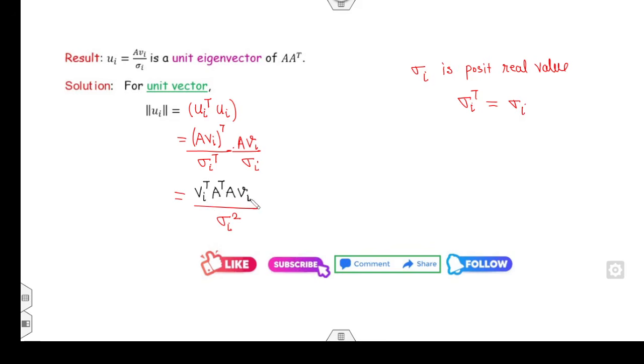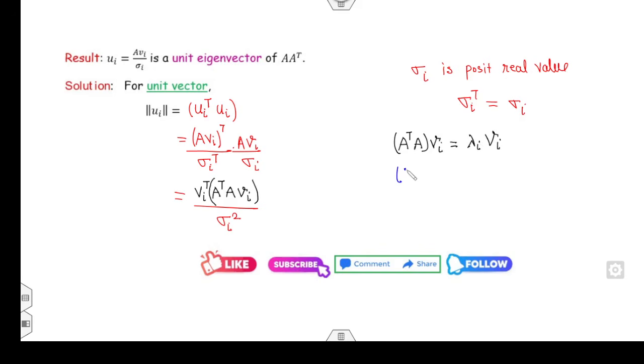A of vi. Fine. Now you can see the meaning of this bracket, A transpose A into vi. Can I write this as lambda i into vi?